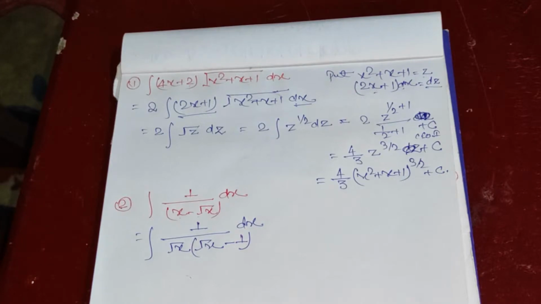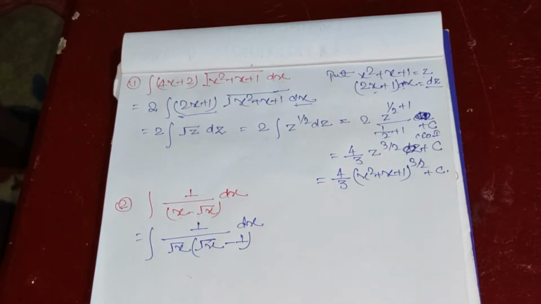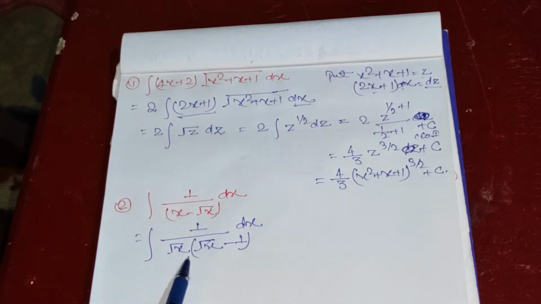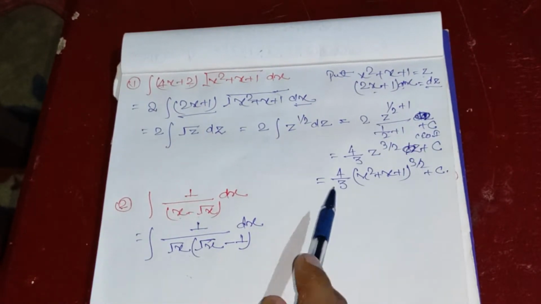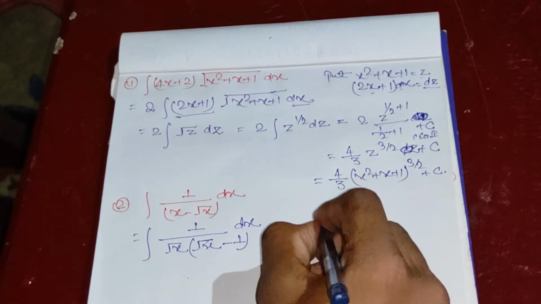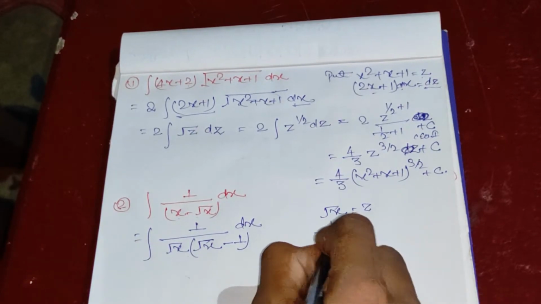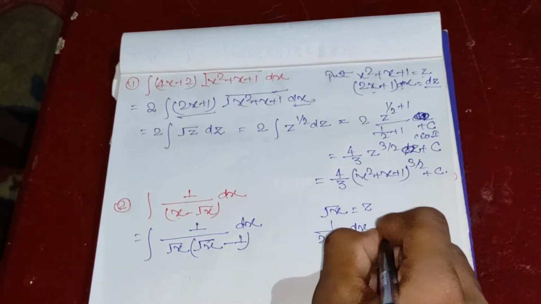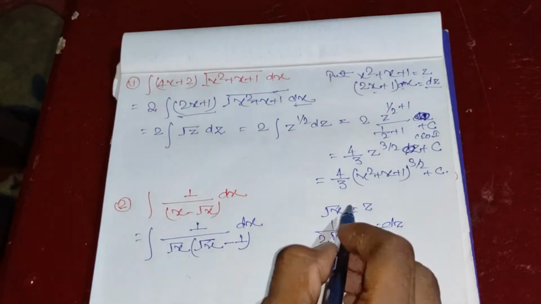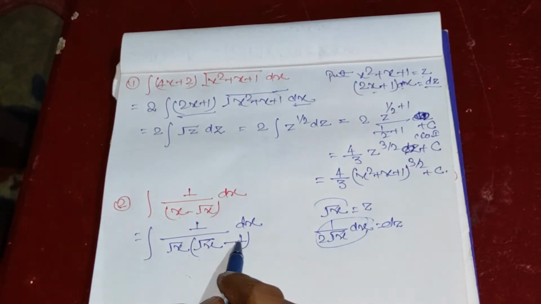Now you have to apply your mind about what we suppose and what we will get after differentiation. If we take only square root of x equal to z, after differentiation we will get 1 by 2 square root of x dx equal to dz. So this term we have assumed, but this term we are not getting with dx.